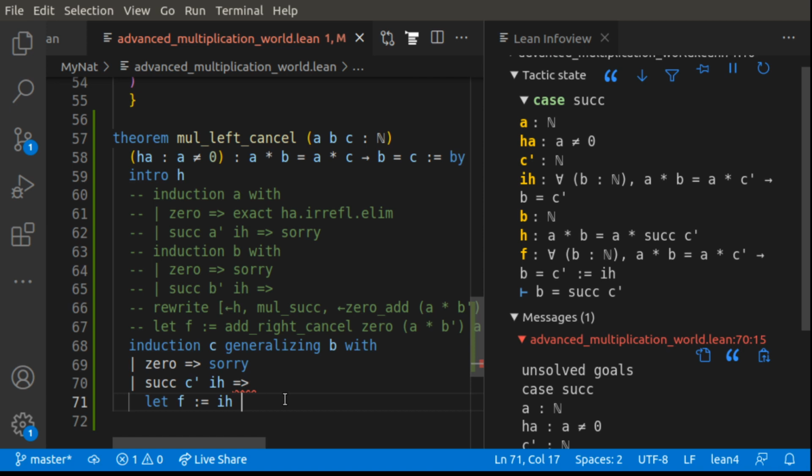Do we do induction again, maybe? I'm not sure. Maybe we need to do induction on B now, because B is a variable that can be whatever.